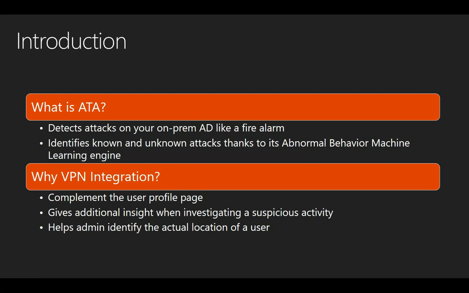Directly from the user's profile page, we're able to know where a user is connected from on his VPN connection and when. This gives us additional insight when investigating a suspicious activity, and it will help the administrators or the security operations center to know if a suspicious activity is a true positive, a false positive, or something that we want to investigate in more detail.